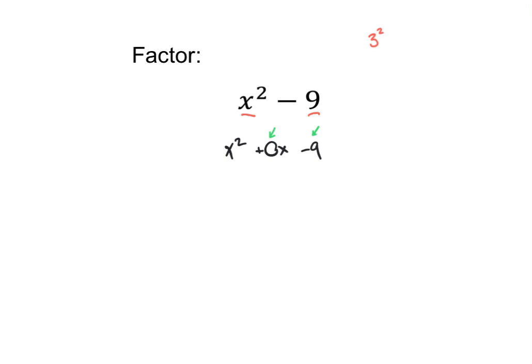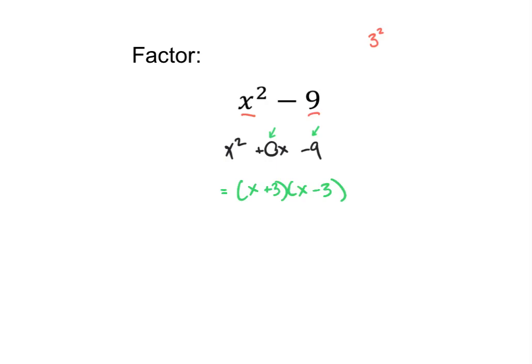One's got to be positive, one's got to be negative. So the two numbers that multiply to -9 but add to 0 are just +3 and -3. So this gives us a factored equation of x plus 3, x minus 3.